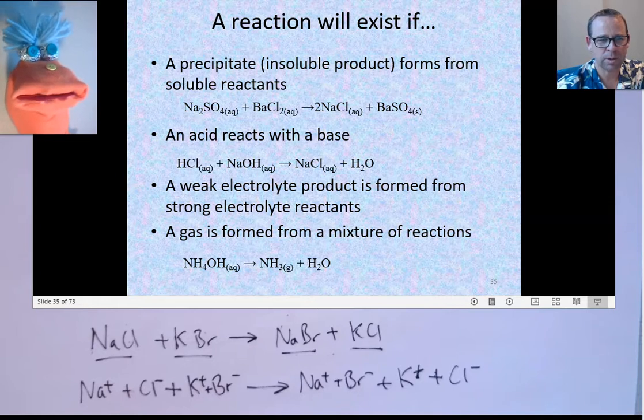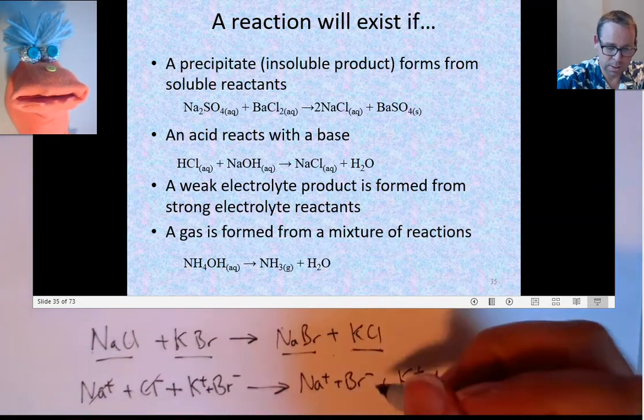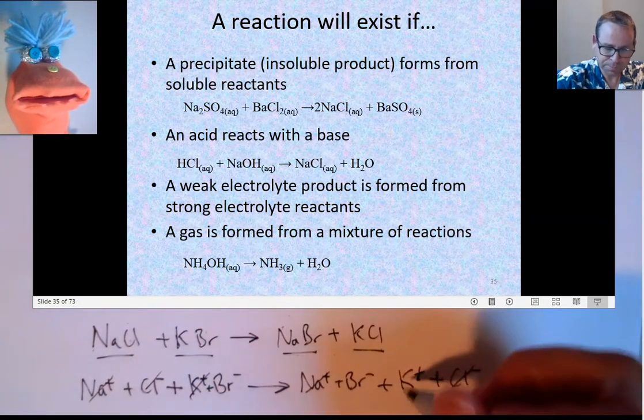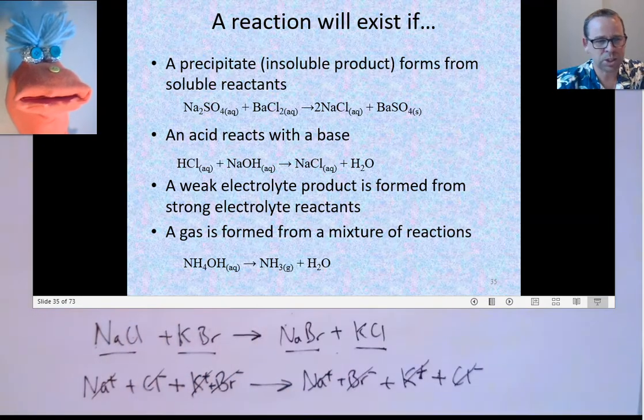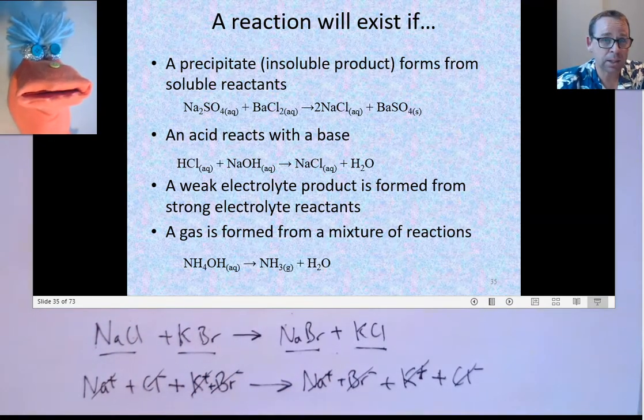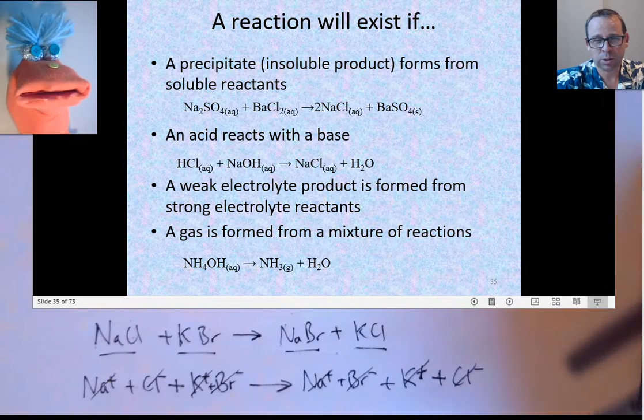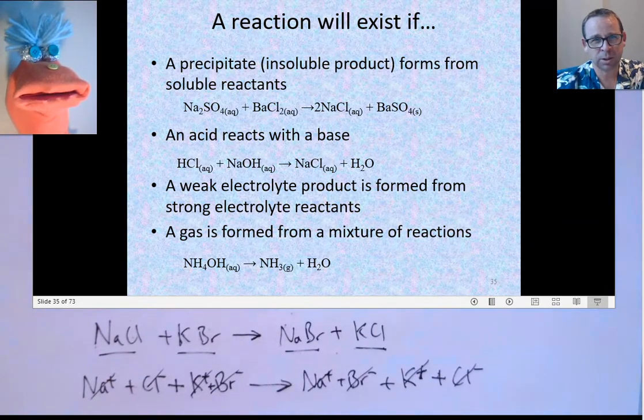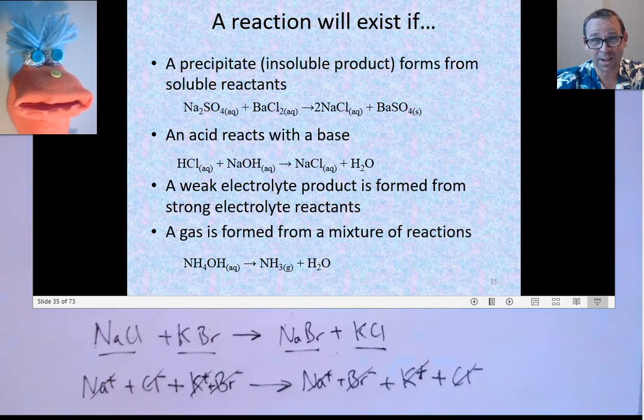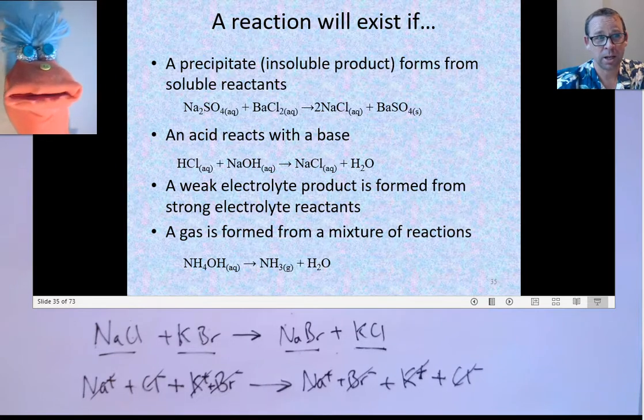And now if you look at this reaction, it's not a reaction, because everything is a spectator. See how nothing has changed. And so the net ionic equation, there is nothing. So you can tell whether a reaction will occur if there's something left when you get to a net ionic equation. Okay?